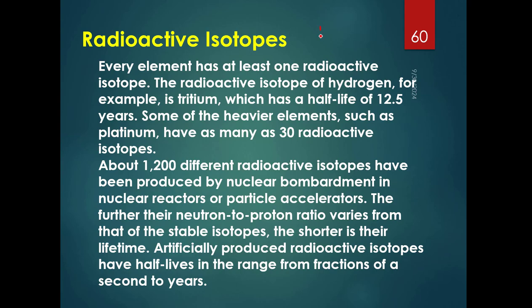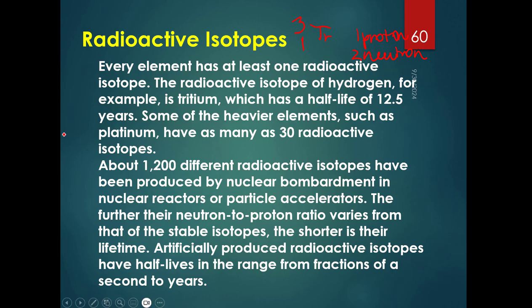And because the mass number is 3, it has 2 neutrons. Okay, so that's the tritium. And we use the tritium a lot for determining the age of groundwater movement. So it's a very good and very useful element.